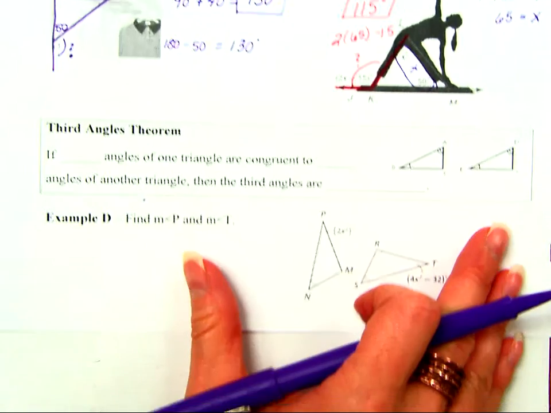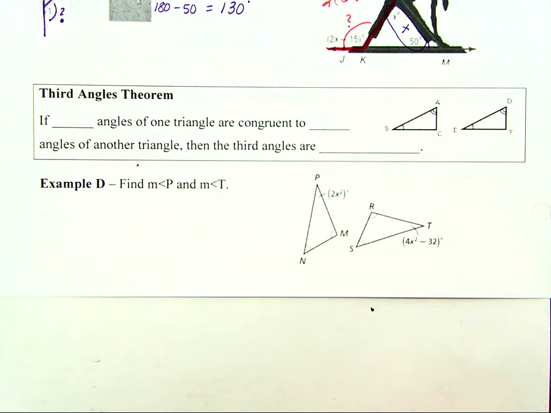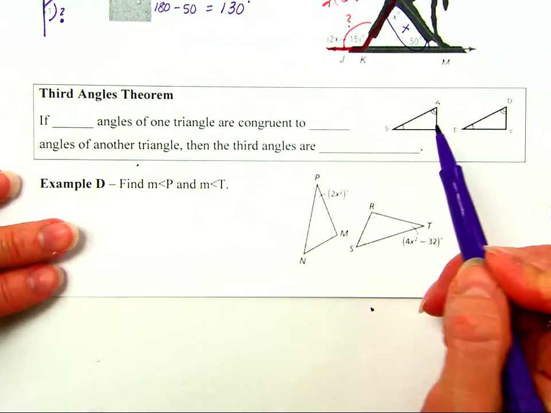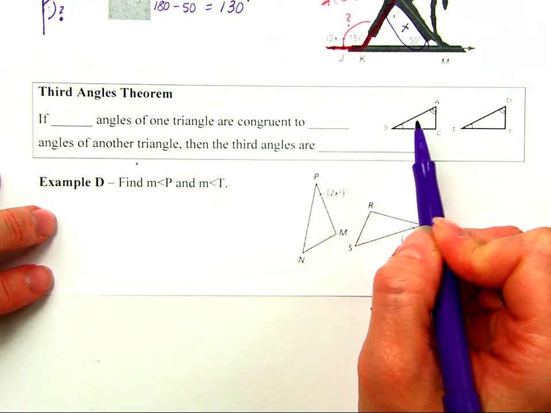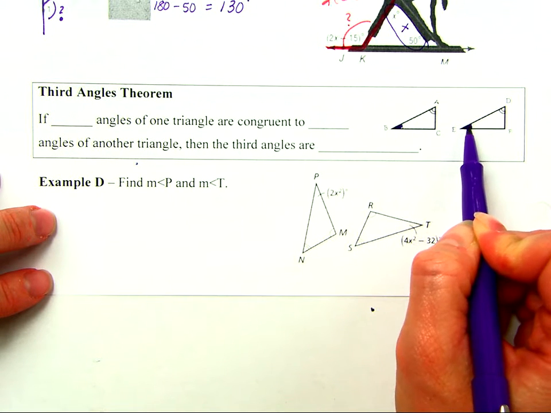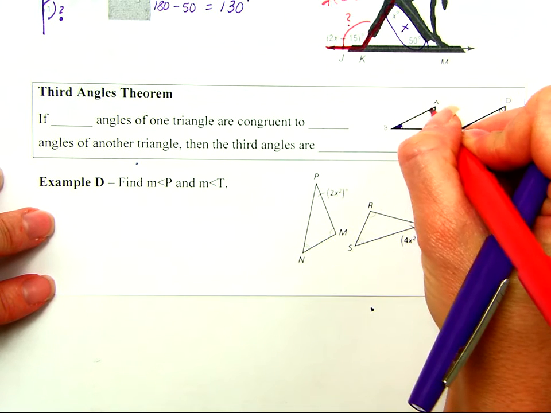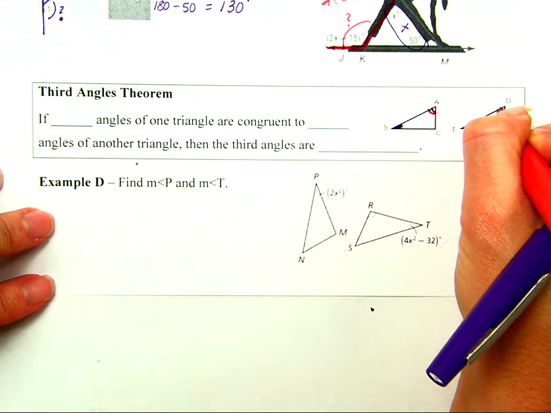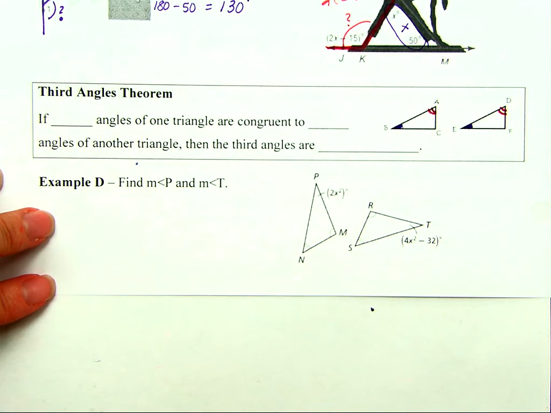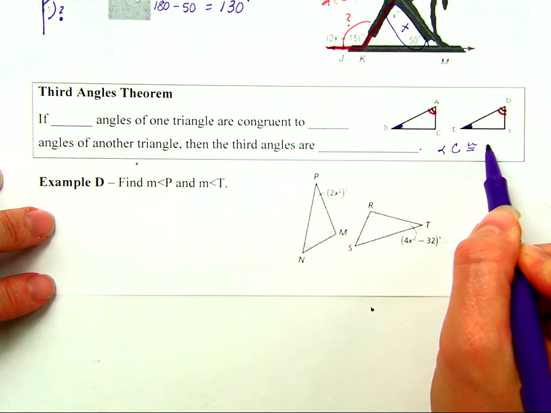Finally, we're going to take a look at the third angle theorem. The third angle theorem, let's start by just taking a look at this diagram over here. In my diagram, it is showing me angle B congruent to angle E by the markings, and angle A congruent to angle D. If that is the case, would you agree that, well, angle C would have to be congruent to angle F?